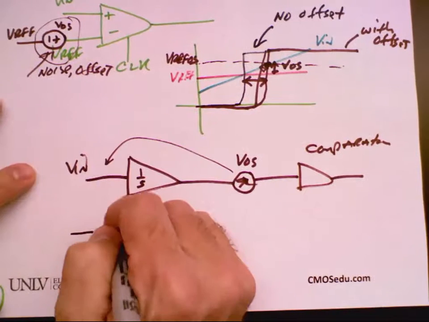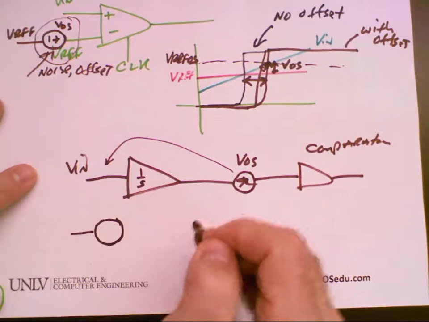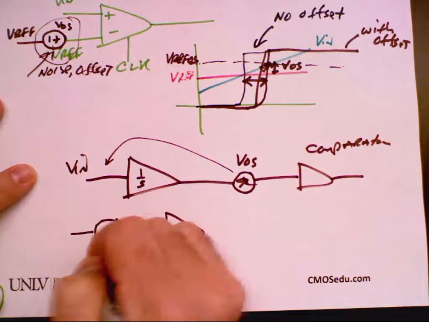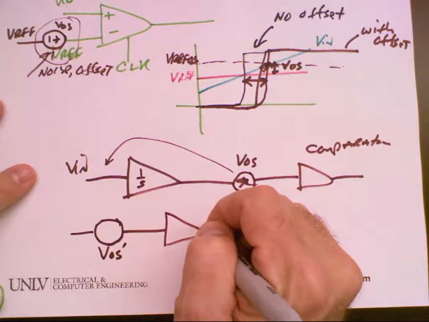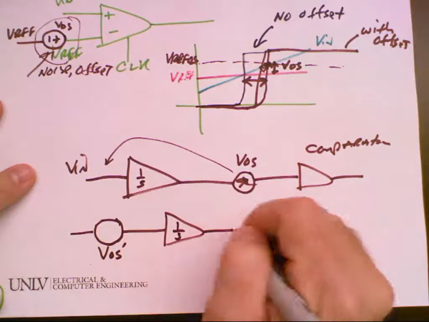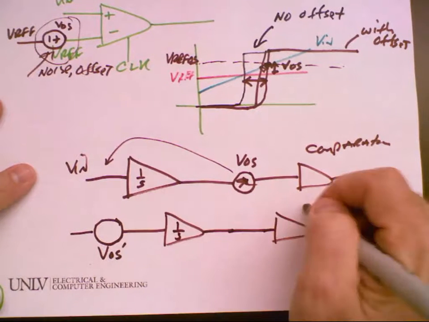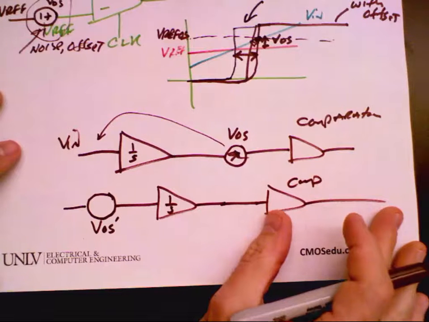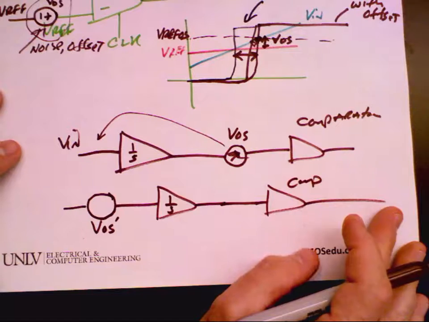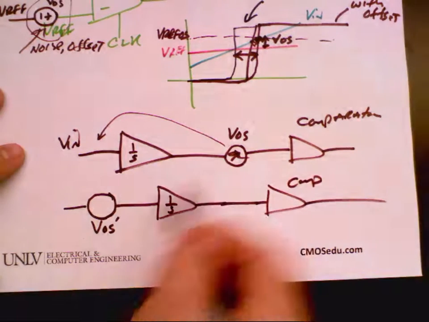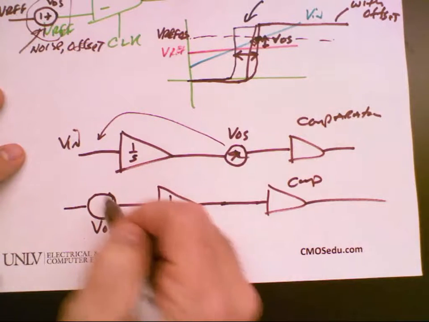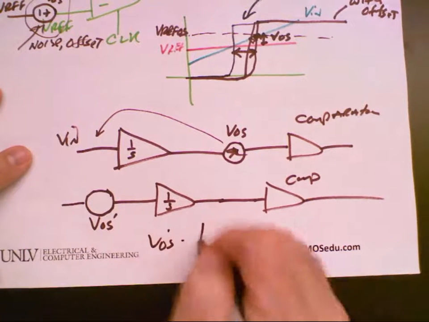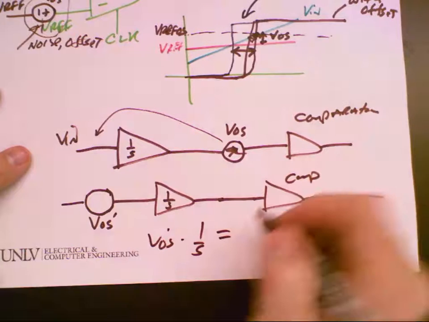So I'm going to put this as VOS, or we'll call it VOS prime. Then I go 1 over S again, and then my comparator, and I get the same output. So how do I get this value times what this is? I know this value, VOS prime, times 1 over S, would then be equal to VOS.